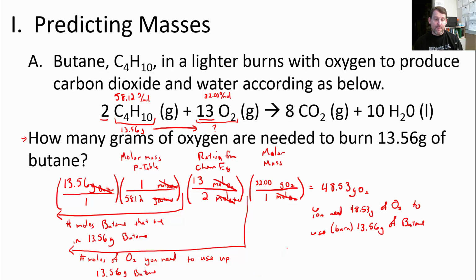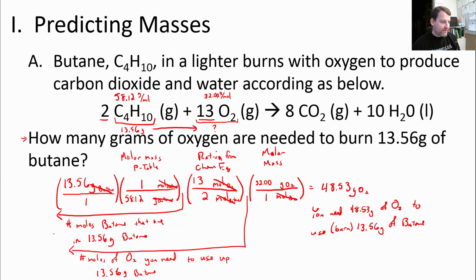Now that's stoichiometry, and that is absolutely gorgeous. So just by having this balanced chemical equation and some molar masses from the periodic table, you can figure out if you have this much butane, how much oxygen you need. If you have 13.56 grams of butane, you need 48.53 grams of oxygen to use it up. That's cool. All right. That's the first one.